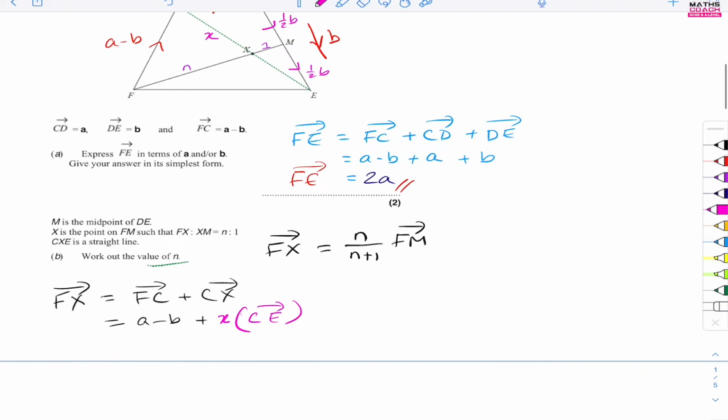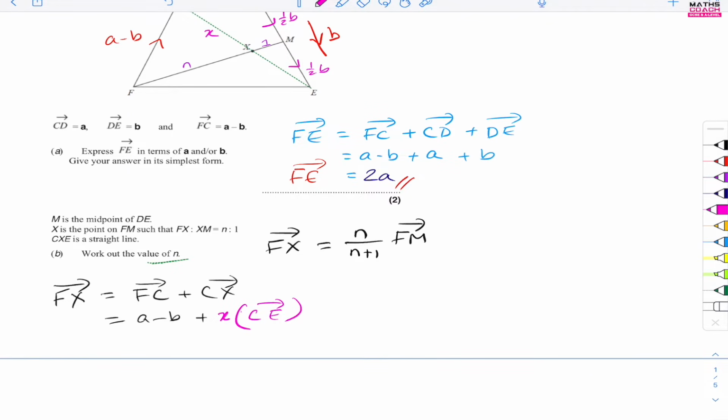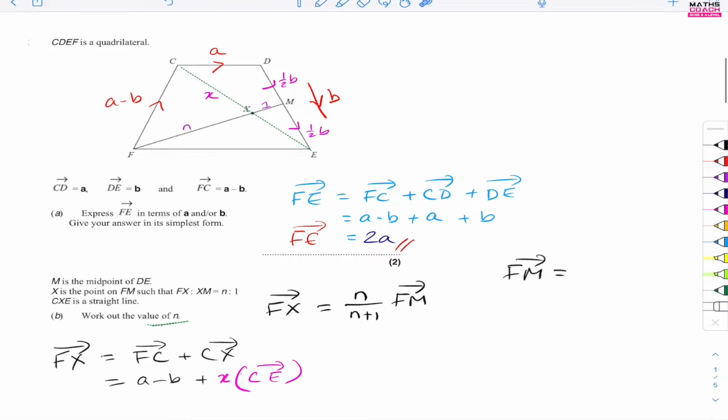All right, so let's go back to this and find what FM is. So F to M, let's look at the diagram again. We're going to go from here to here, remember, which is going to be FC, CD, and DM, so adding this and adding this.